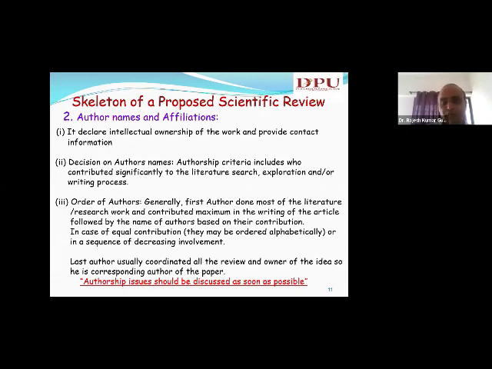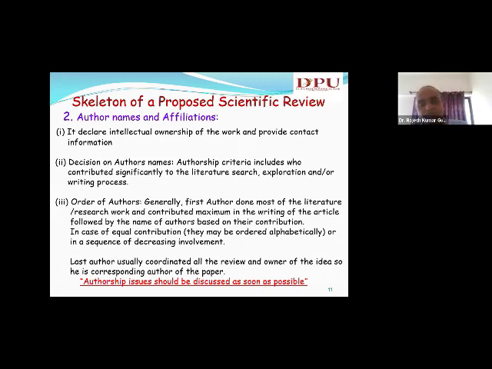So the first author is important, who takes most responsibility, and the contribution goes in decreasing order, the names in the paper going in a sequence of decreasing involvement. In case of equal contribution, normally they may be ordered alphabetically or in a sequence of decreasing involvement. The last author usually coordinated the whole review and is the owner of the idea, so he is definitely the corresponding author of the paper.